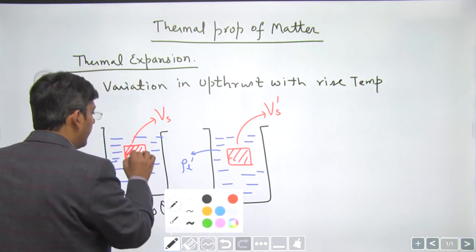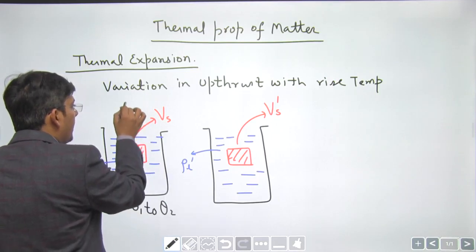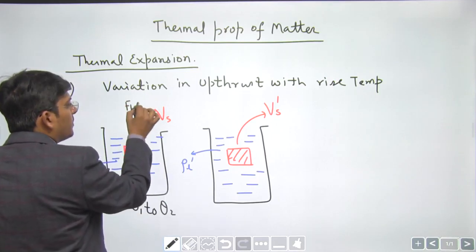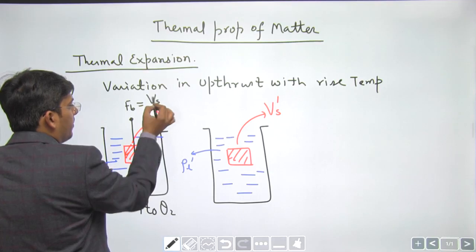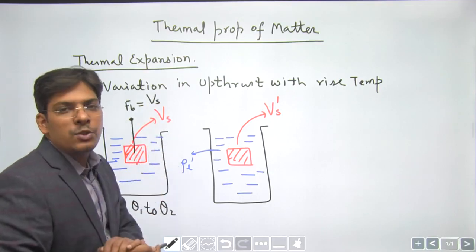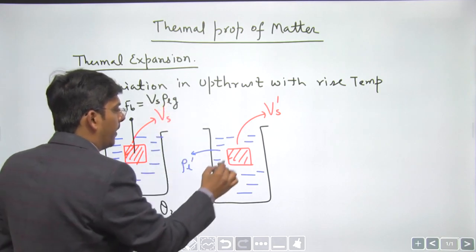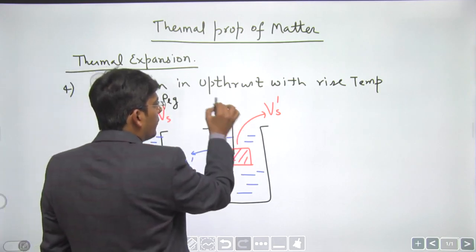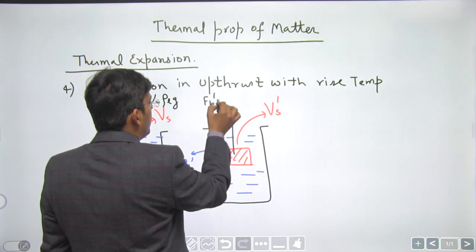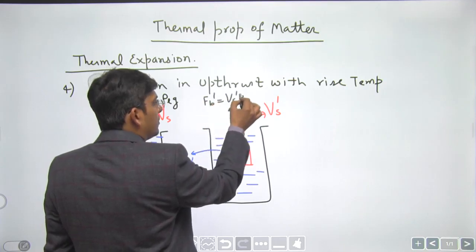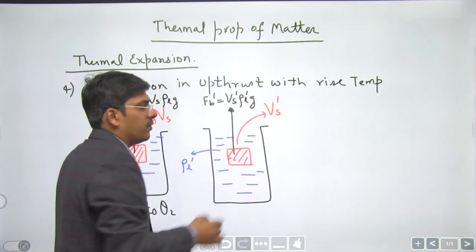Let us say the buoyant force acting in this case is Fb. Buoyant force is given by the volume of the immersed portion of the body into density of liquid into g. In that case, the new buoyant force will become the new volume of solid, new density of liquid into g, dear students.